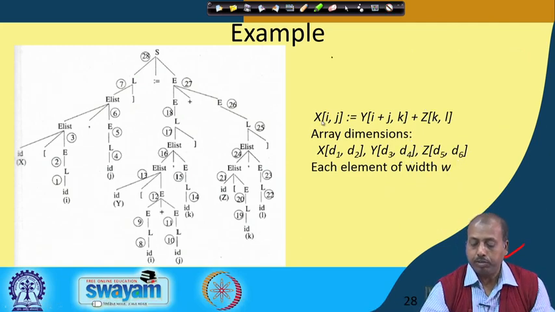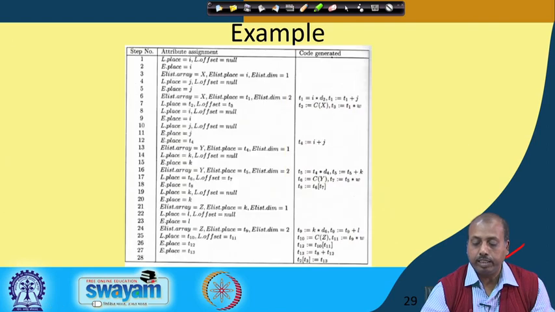Okay, so let us try to see whether this particular code is being generated for Xij equal to Y i plus j k plus Zkl, whether that is generated or not.